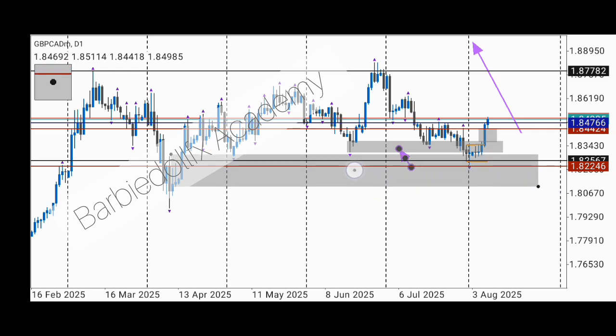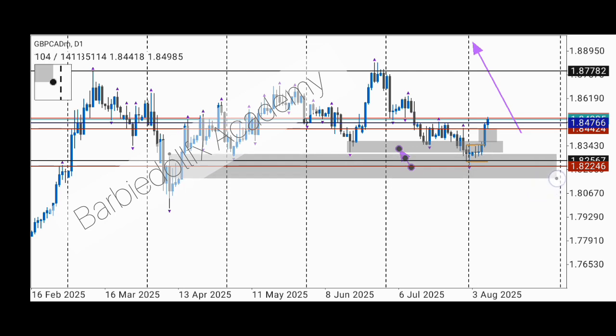It's a POI because it's a strong support zone or a strong demand zone, whichever you feel like calling it. There's no difference, just the difference is the other block around this area.